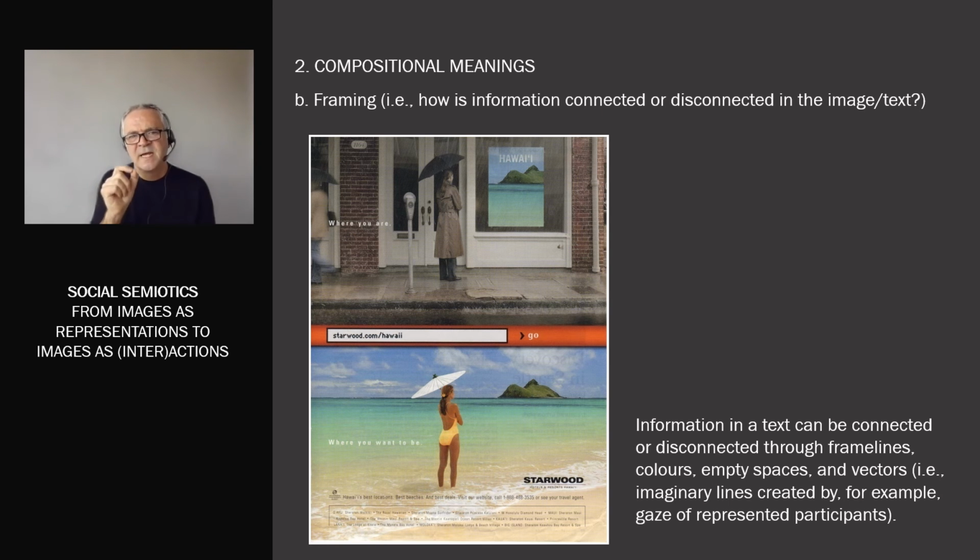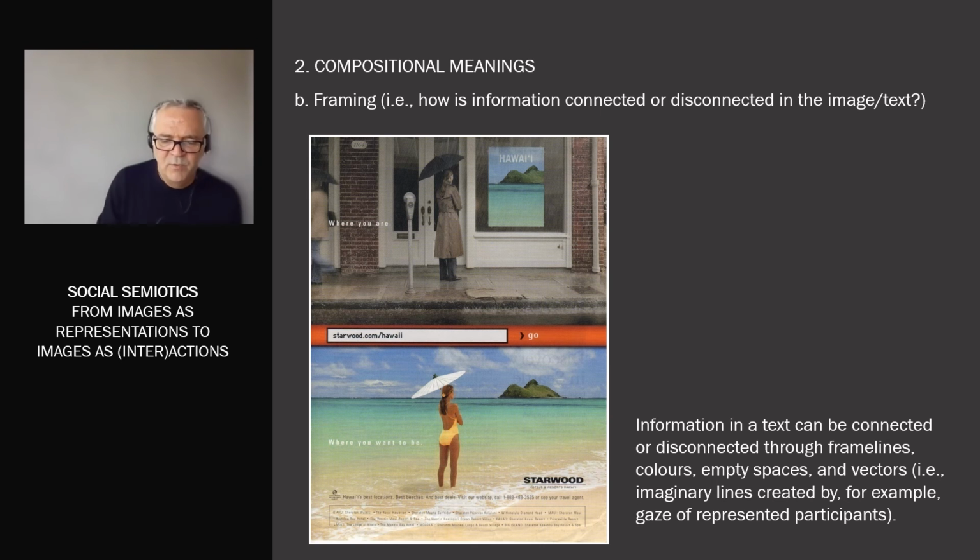Remember, vectors, as I indicated earlier, are these imaginary lines which draw our attention between some bits of information in an image and other bits, like the model gazing at the bottle. In that case, the viewer's attention is drawn to the bottle because we're looking at where she's looking.